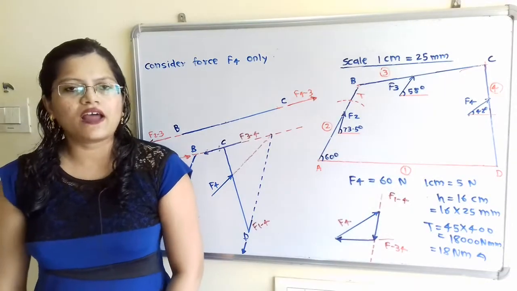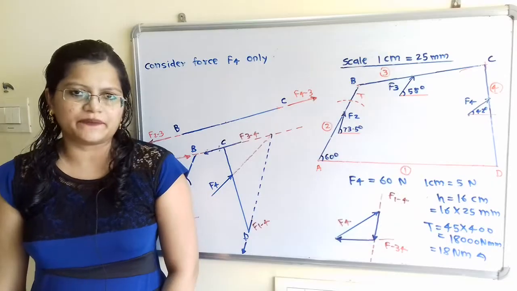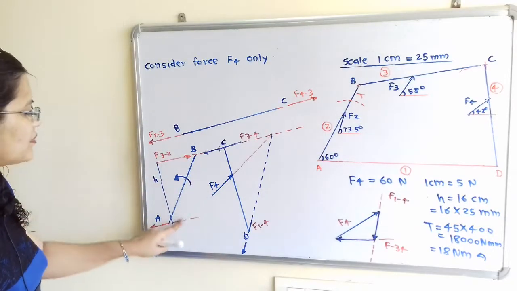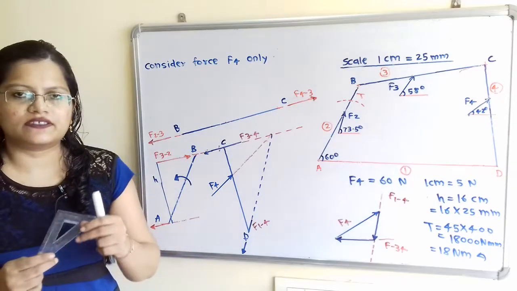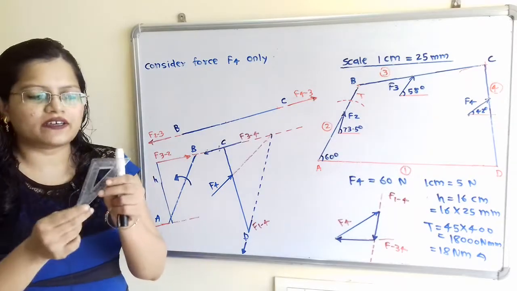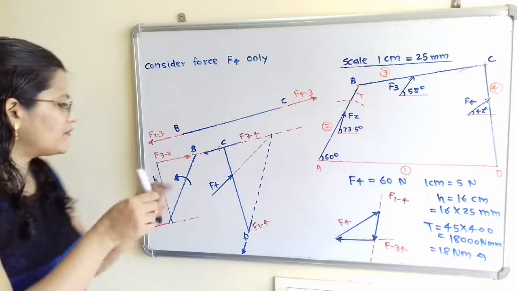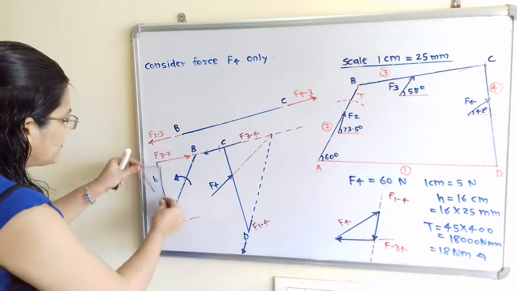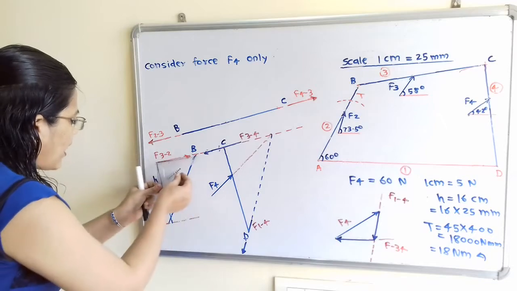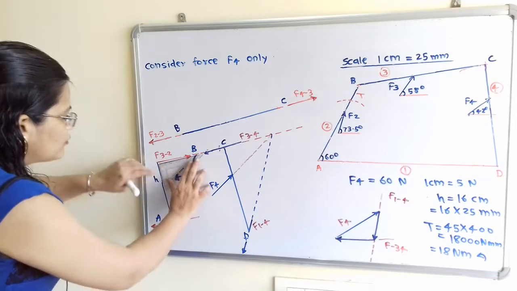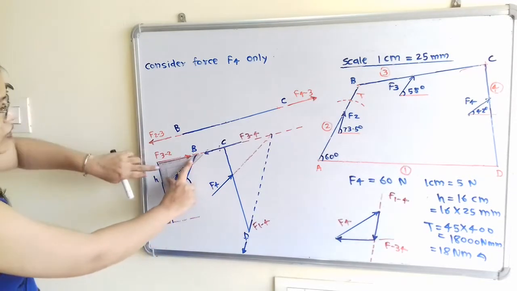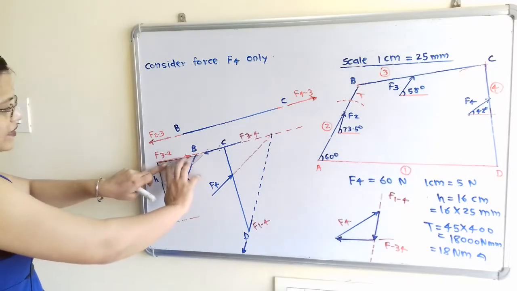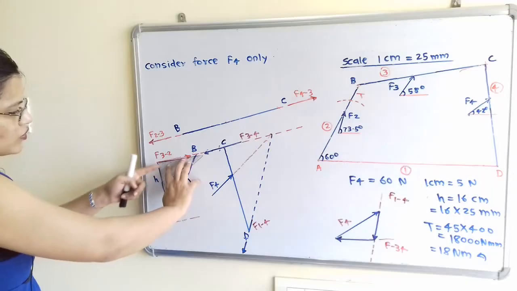Now how to find out the magnitude of torque T? For that we have to find the perpendicular distance between these two parallel lines. So we will use this protractor and align one edge with one line. Then how to draw the perpendicular line? These two edges are perpendicular to each other, so if I align this with one line, the other edge is perpendicular to this line.